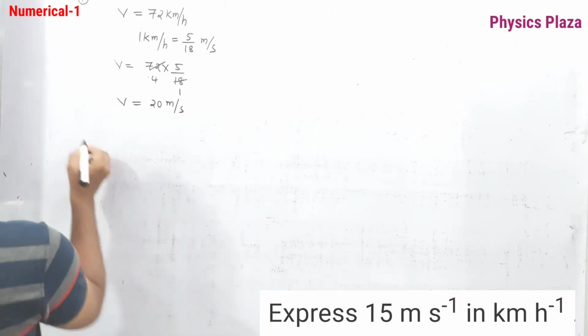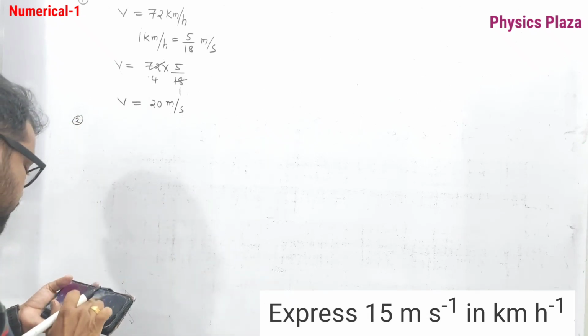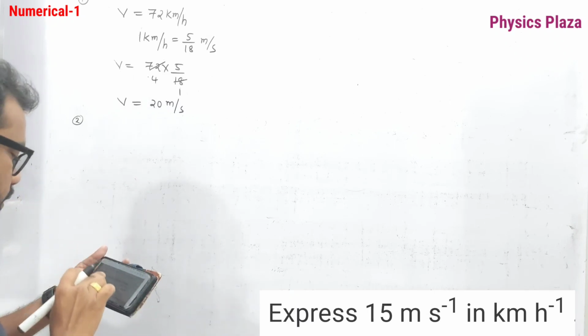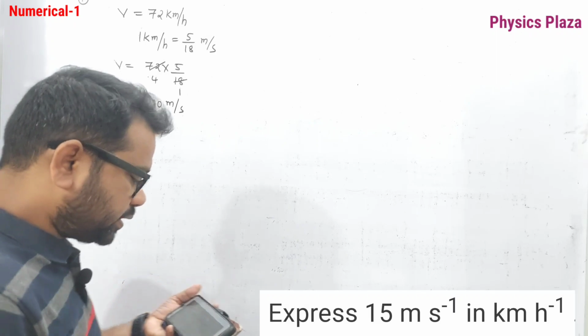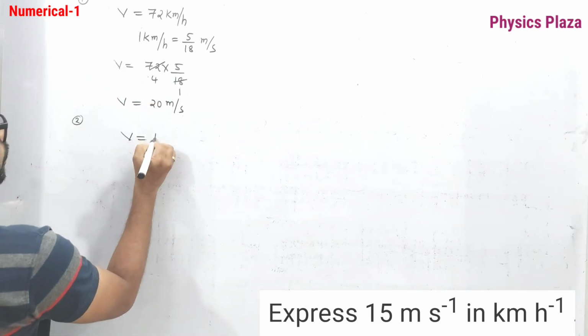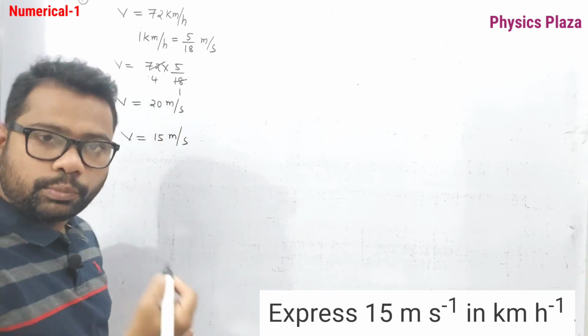Now the second numerical. What is the question? Express 15 meter per second in kilometer per hour. It is given 15 meter per second, and we are asked to express it in kilometer per hour.